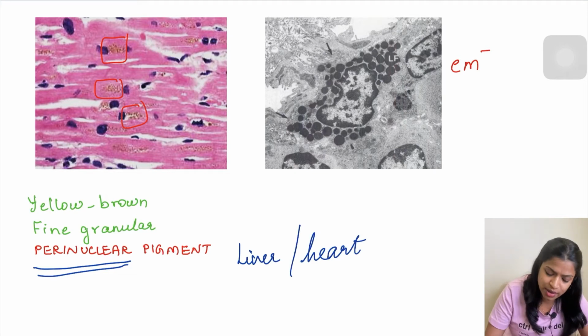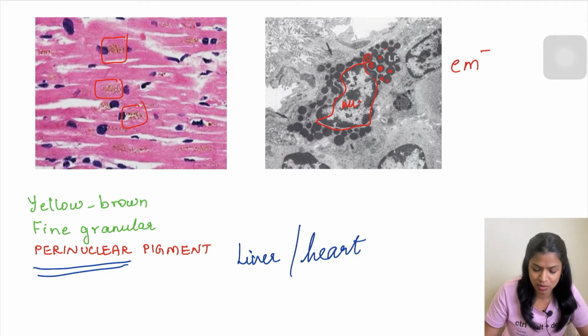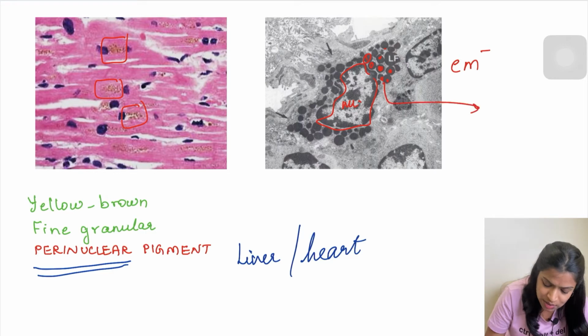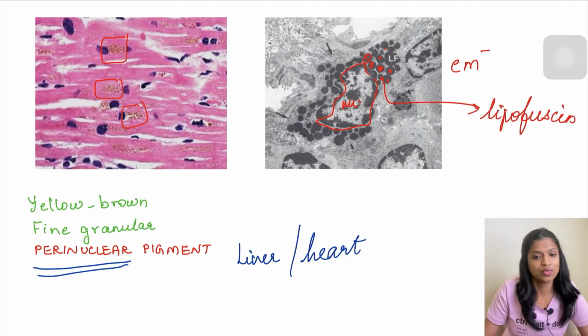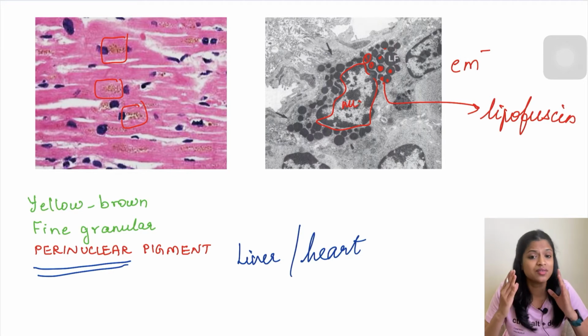So ultrastructurally, the center one is the nucleus, surrounding which we see these electron dense granules, right? These are the lipofuscin granules actually. So whenever they mention a yellow-brown pigment in a perinuclear location, they are talking about lipofuscin.